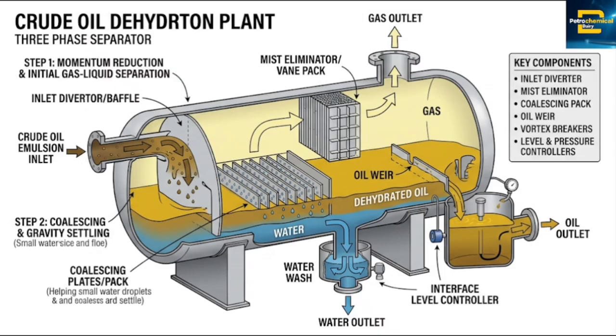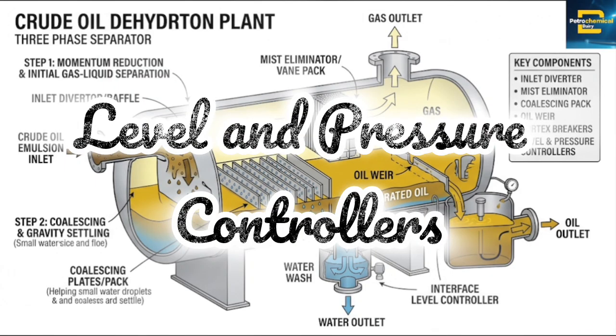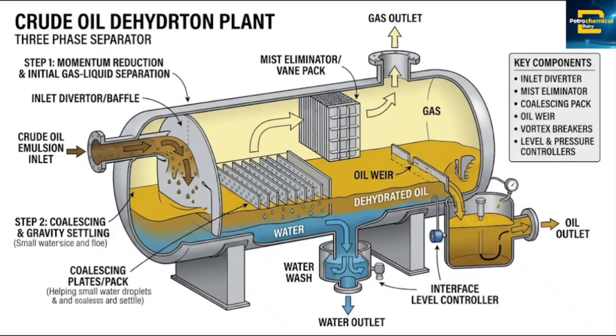So there's what we call the level controller and the pressure controller. What is the work of the level controller? The level controller manages the oil level and the oil or water interface level. I call it the hydrocarbon level.